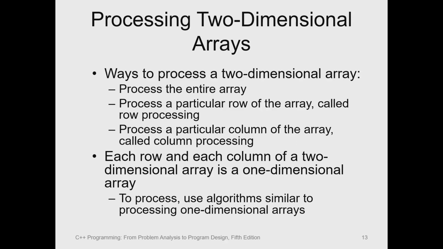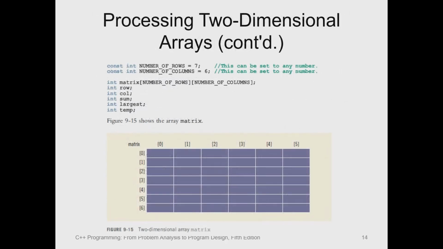Again, we're going to make use of a looping statement and initialize the value of the column to 0. Then for the expression of column, we need to put less than the number of columns. If the number of columns is 7, it must be column less than 7. If the number of columns is 5, it should be col less than 5.